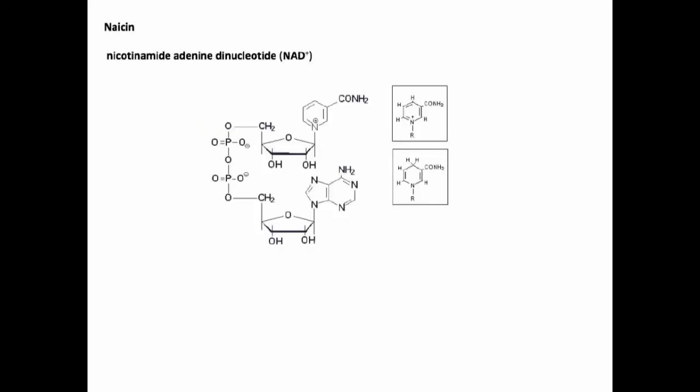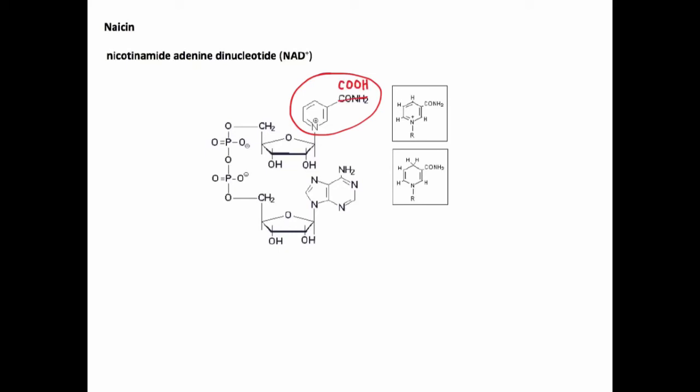Niacin, or vitamin B3, is also known as nicotinic acid. This vitamin is needed to make the coenzyme nicotinamide adenine dinucleotide, or NAD. This part of the molecule is niacin, or nicotinamide. A carboxyl here would be nicotinic acid.